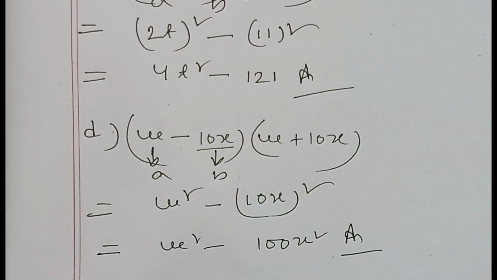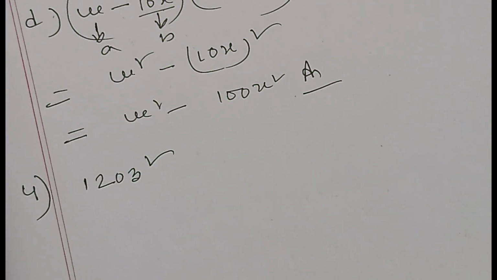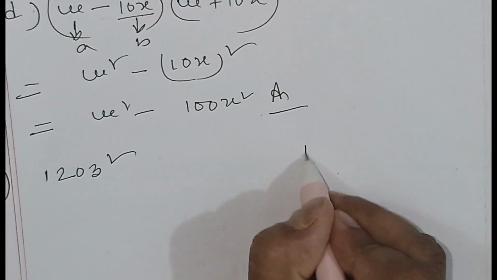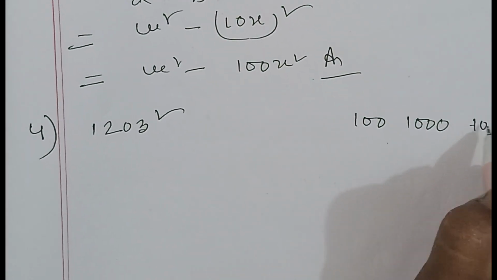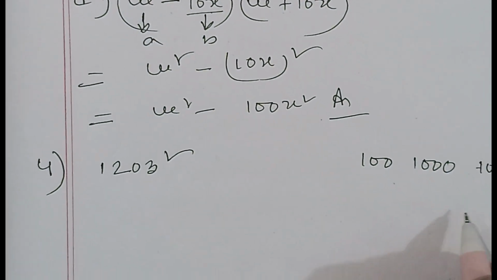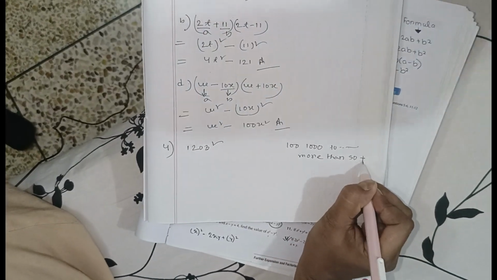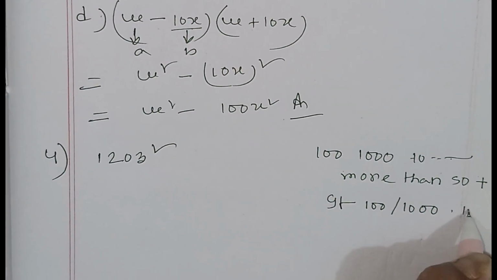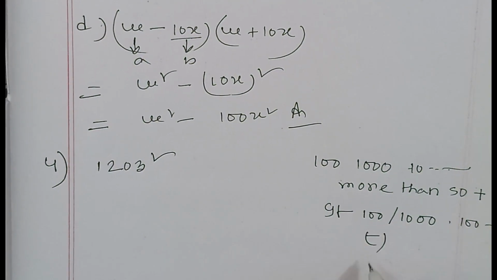Number 4, 1203 whole squared. So far we did it in algebraic terms, now we have numbers. Here the number is 1203 whole squared. So you will remember, if the number is 100 or 1000 or 10,000 more than, plus; otherwise we will do minus.